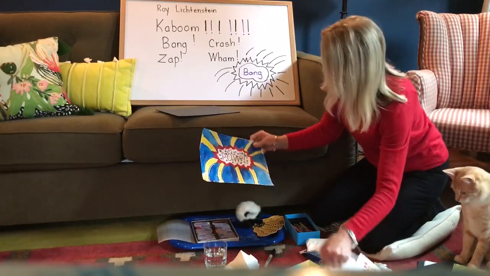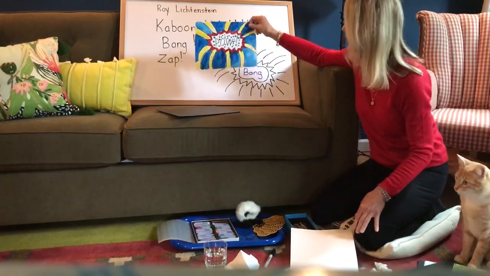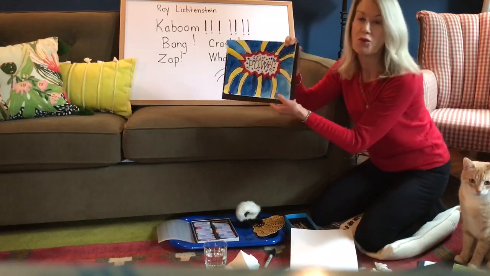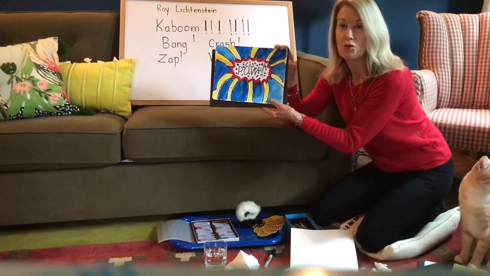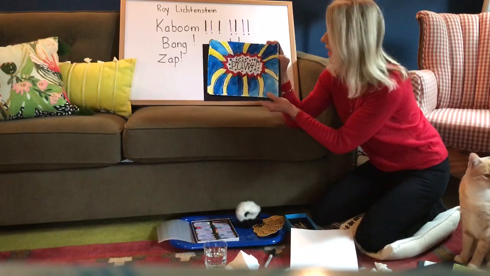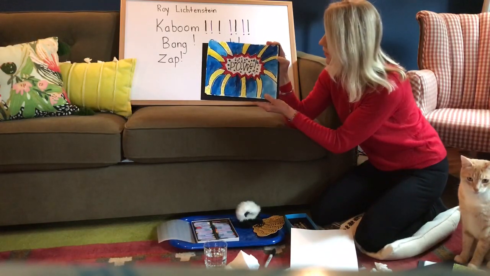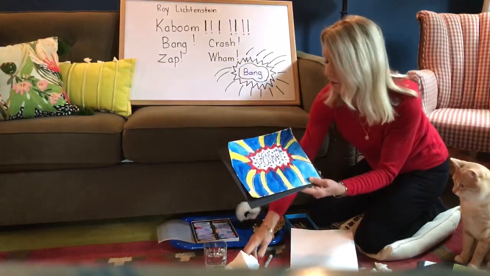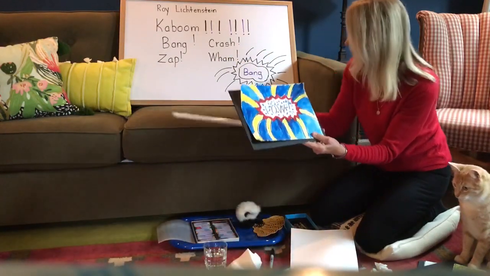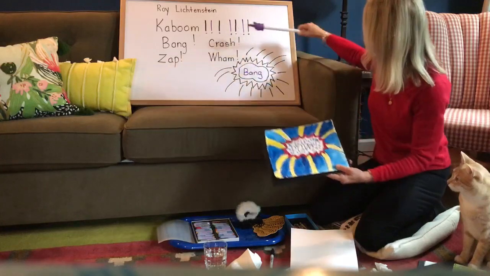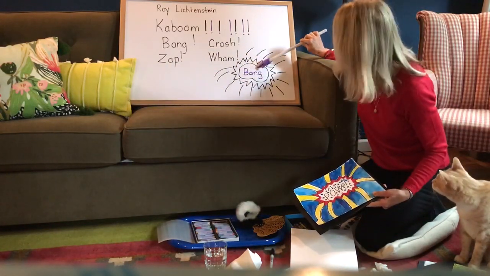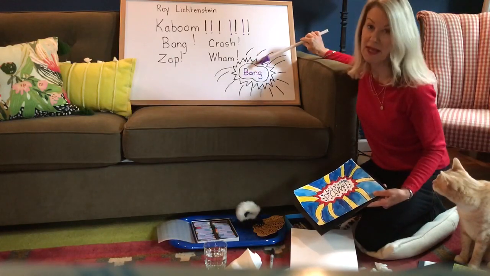So I have a painting here that I made a while ago when I first started talking about Roy Lichtenstein. He made a lot of his paintings with these big words that we see over here. And remember I talked about how he put his words in bubbles. This one says bang.